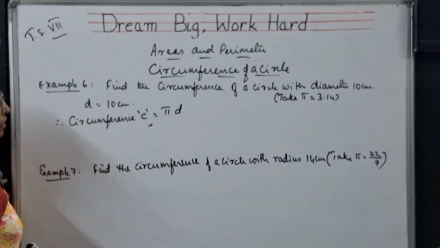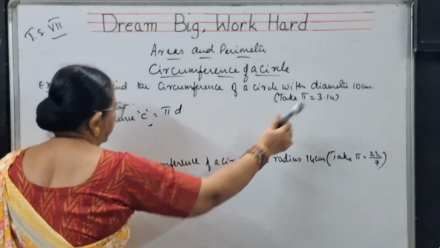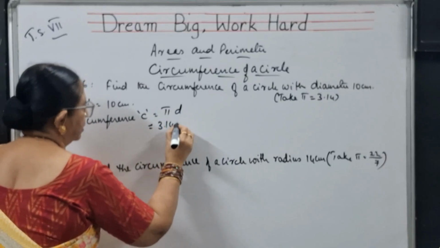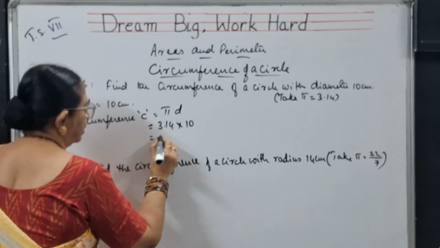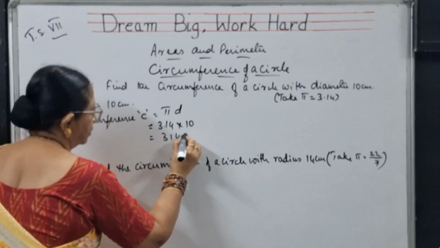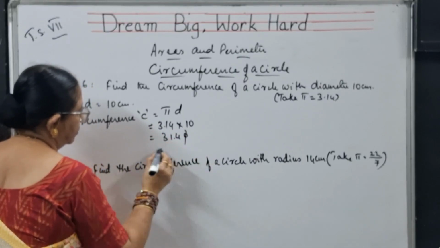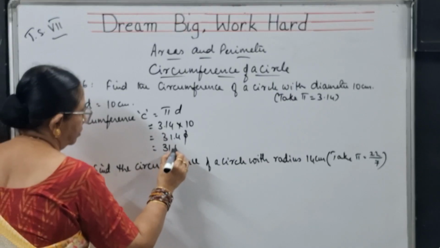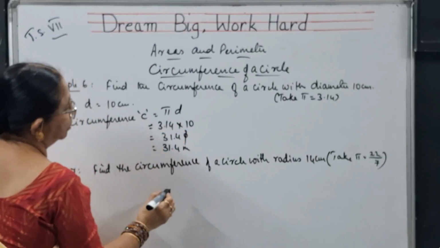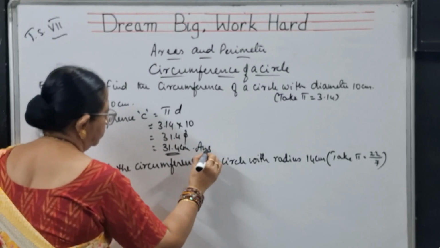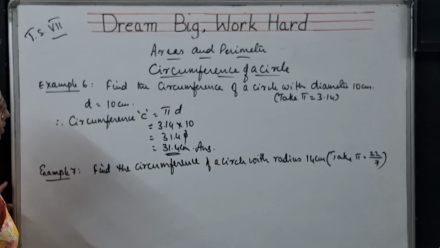This is the formula. Here they have given a clause: take pi as 3.14. So instead of pi, you take 3.14 into 10. That is 3140, with two digits after the decimal, this zero does not have any value. 31.4 centimeters is the answer for this problem, children.